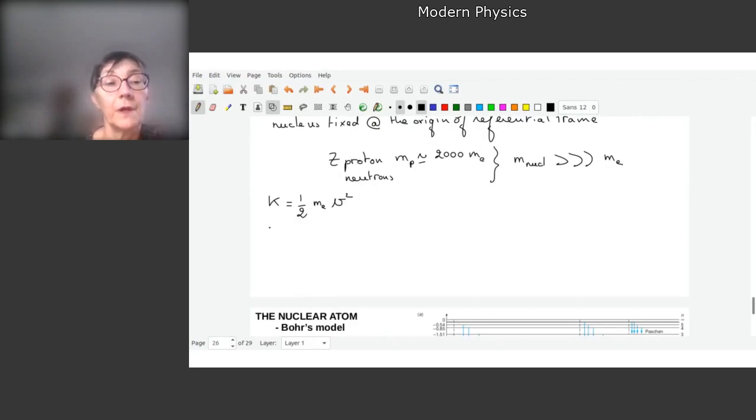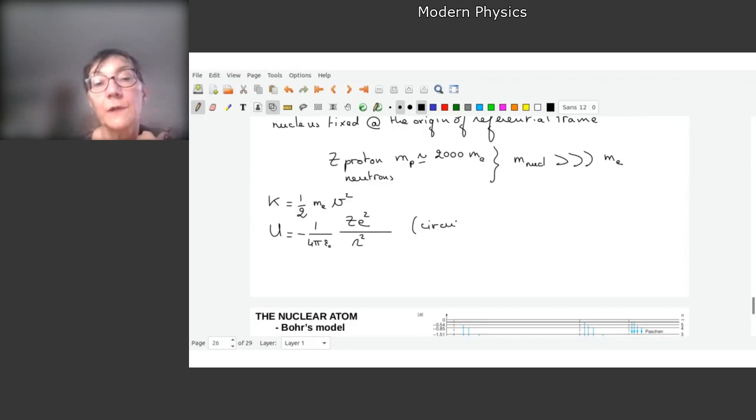We have the potential energy, which is of Coulombian nature, so this is minus 1/4 pi epsilon 0, the charge of the nucleus Ze times the charge of the electron e, over the distance R, if it's a circular orbit.